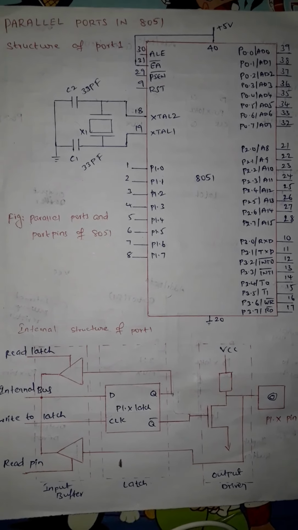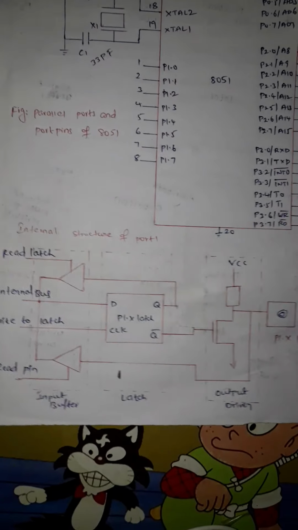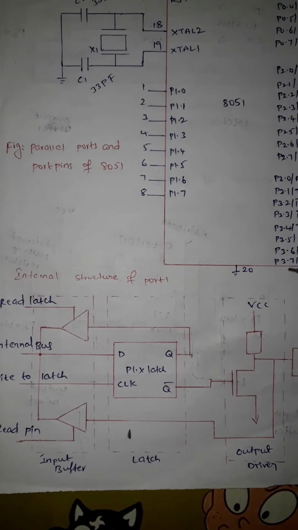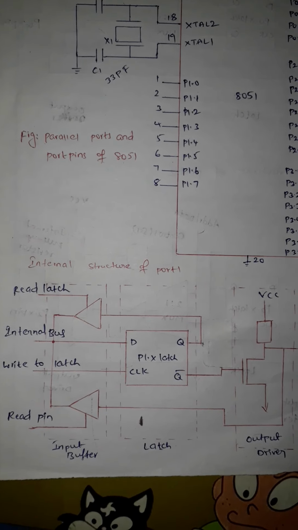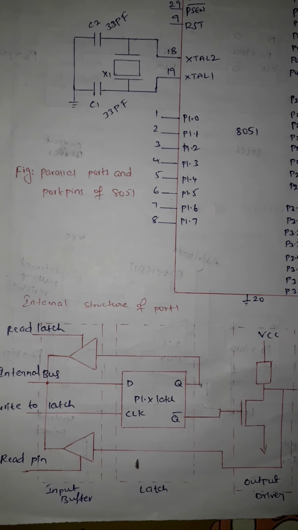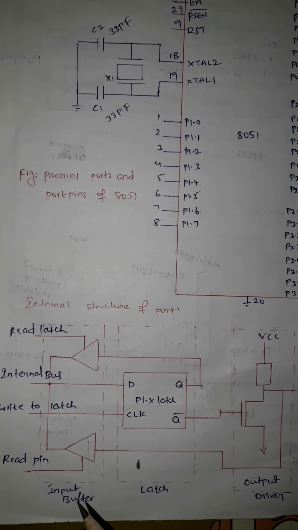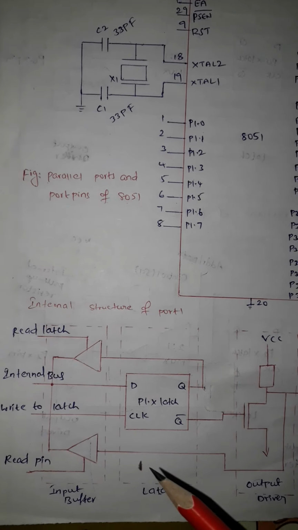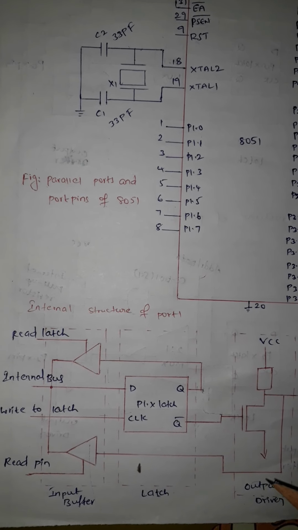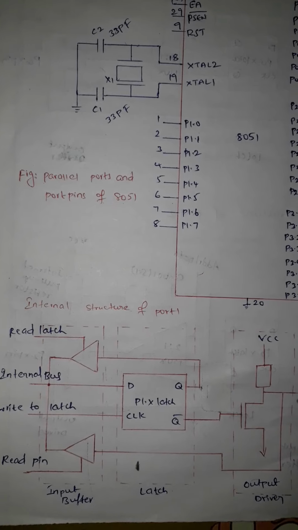Now let us look into the internal structure of port 1. If you look at the internal structure of port 1, it has 3 main blocks. One is the input buffer, another is the latch, and the other is the output buffer, the output driver.